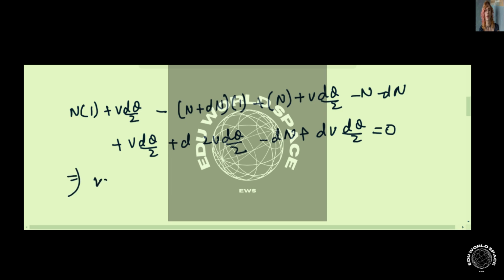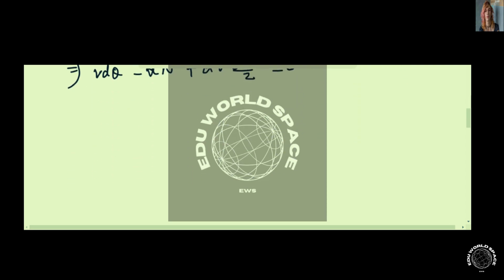So V dθ − dN + dV dθ/2 = 0. Neglect the second order term, that is V dθ − dN = 0. So dN/dθ is equal to V. Therefore, the required relation is dN/dθ = V.